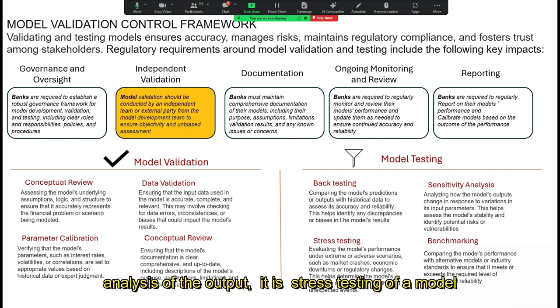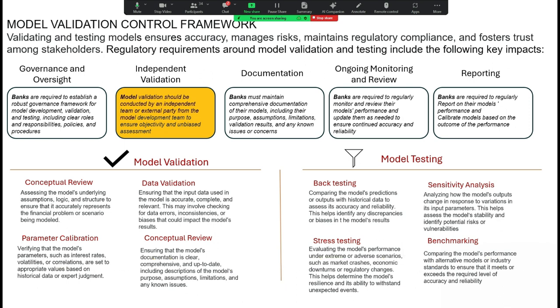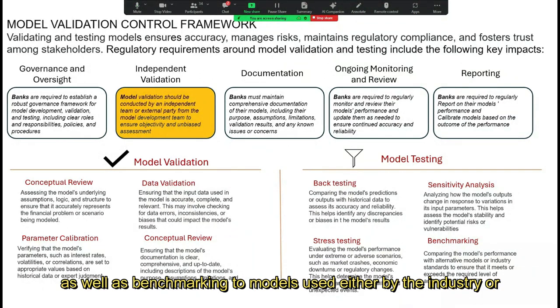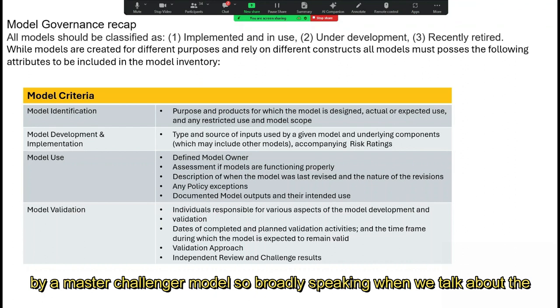It's the stress testing of a model, meaning that if factors that might not necessarily be specified within the model parameters are introduced into the forecasting engine, the model doesn't break down and is still able to produce a forecast, as well as benchmarking to models used either by the industry or by a master challenger model.